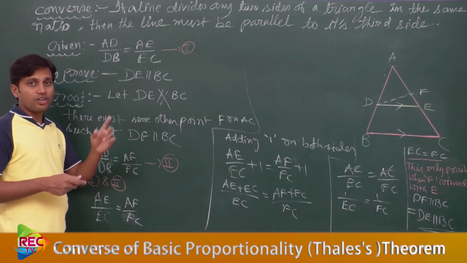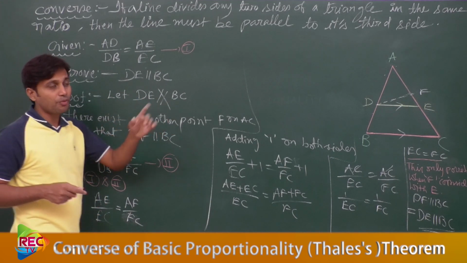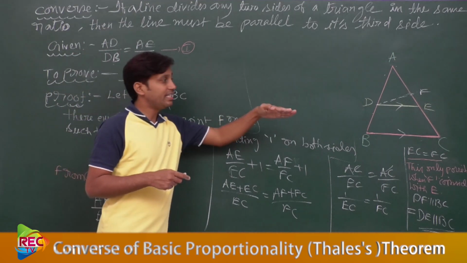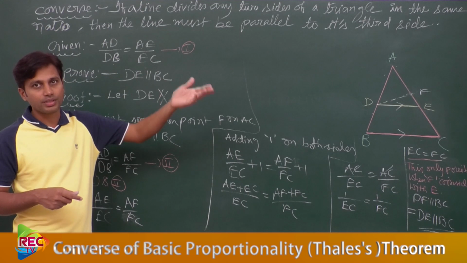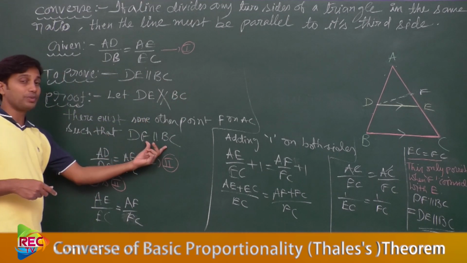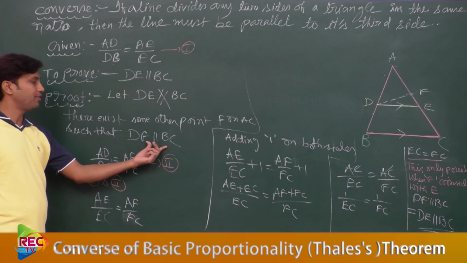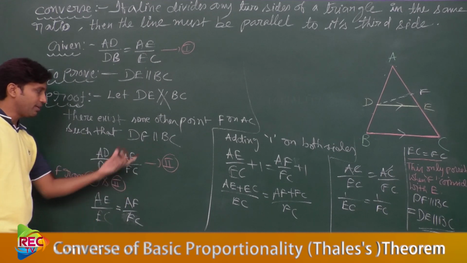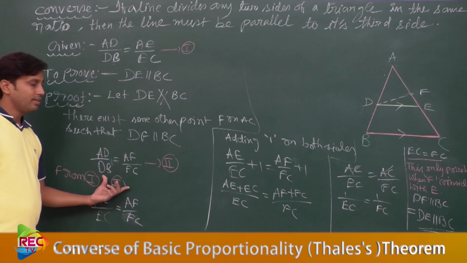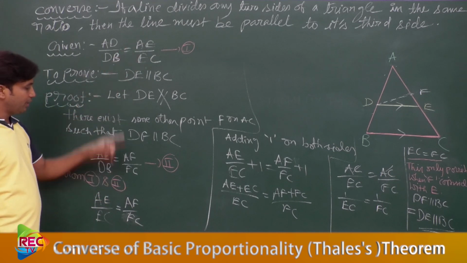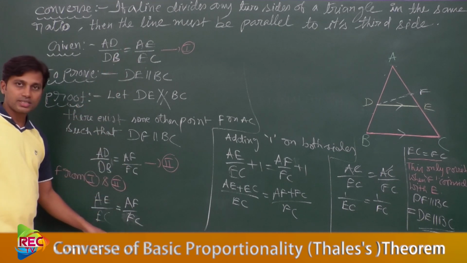Here, E is not such a point such that DE is parallel to BC. Then F is some other point. We assumed DF is parallel to BC. Then we can apply Thales theorem here, and combining 1 and 2 conditions we obtained this.